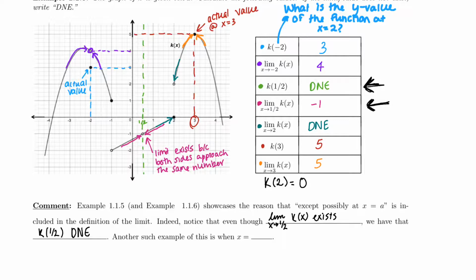And then the other time where we see that happening is when x is equal to -2. At -2, it's a little bit different: the function exists, but the limit is different than the actual value.